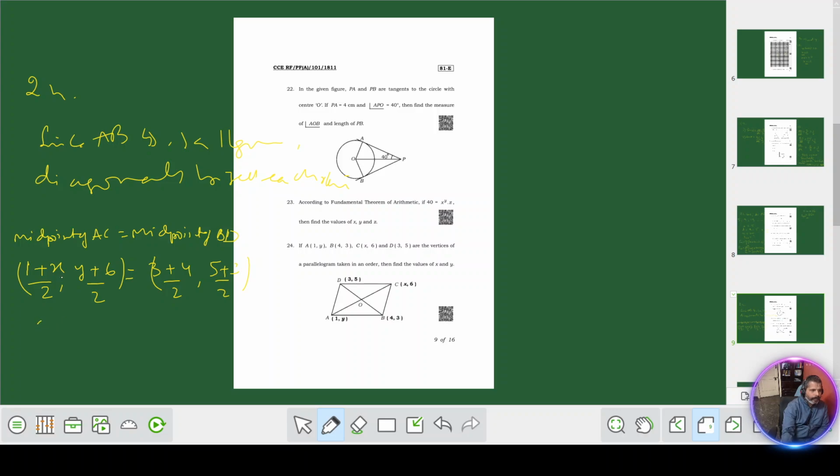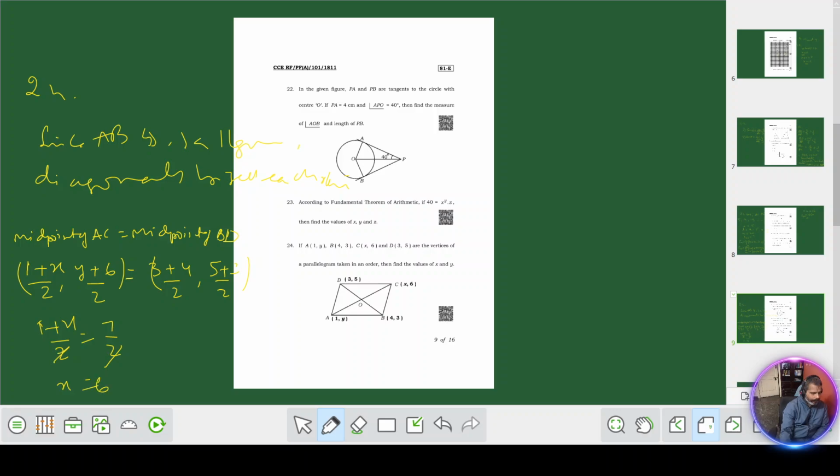Now simplify it and equate. That is 1 plus x by 2 is 3 plus 4, 7, 7 by 2. Okay. The x coordinate should be equated to the x coordinate value. Then you cancel the 2 here. You get x is equal to 7 minus 1, which is 6.